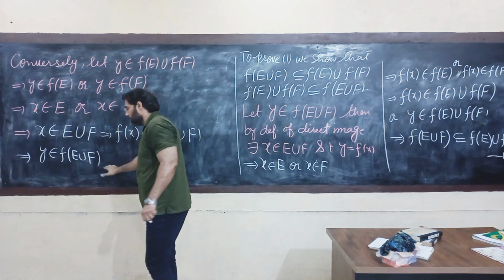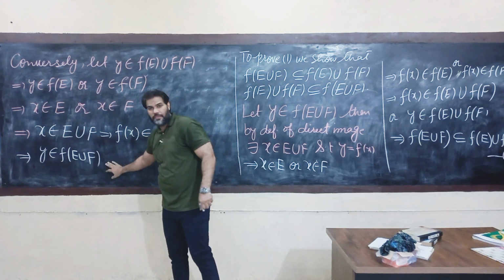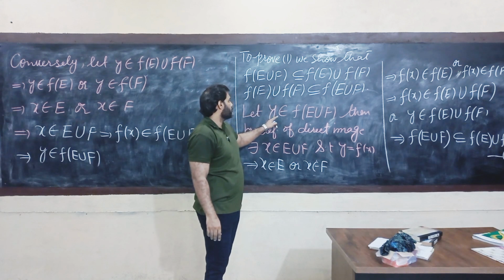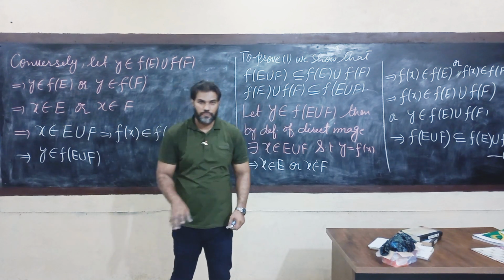Now y is an element of this. This shows that now this is a subset of this side. By combining 1 and 2, we say both the sides are equal.